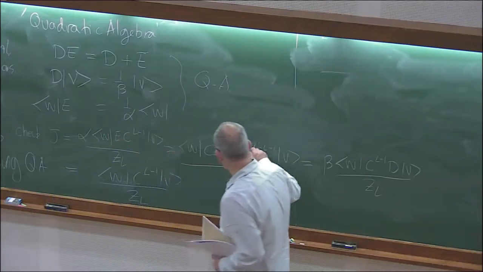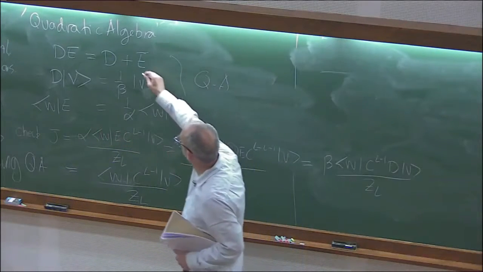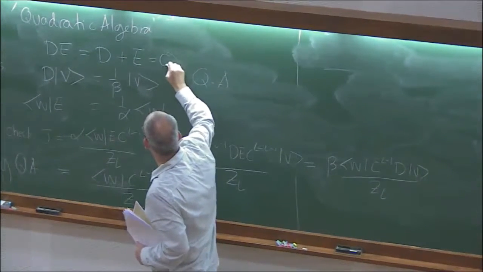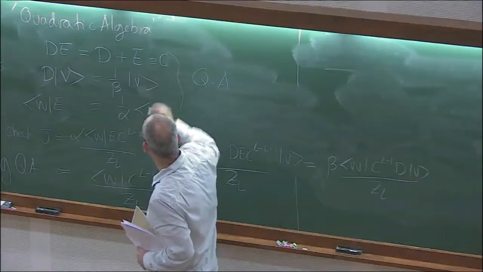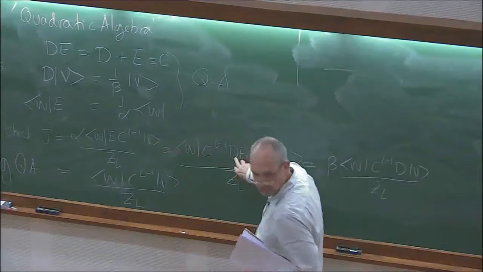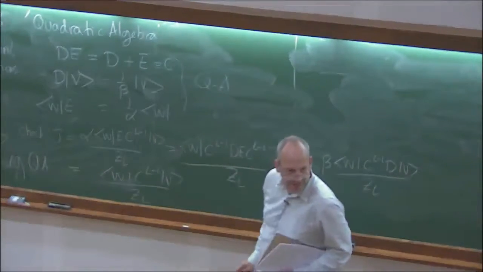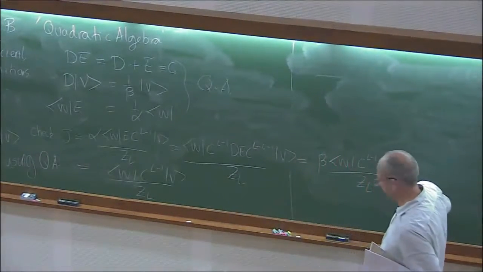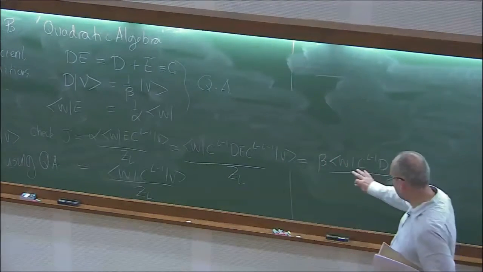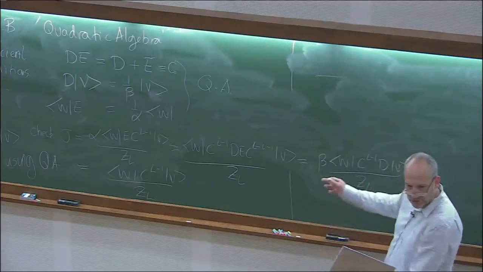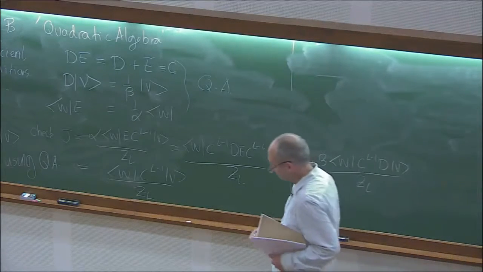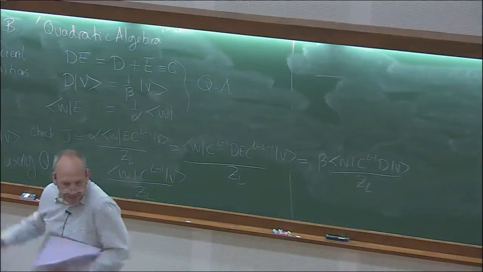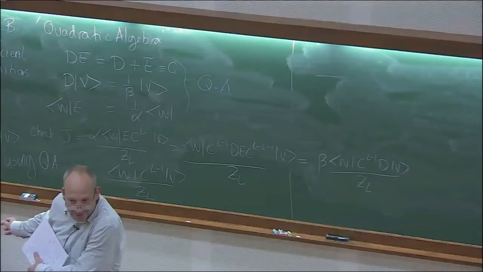Similarly here, DE is D plus E. And remember, D plus E is equal to, by definition, C. So this DE equals C, and you see I get C to the L again. And finally here, D acting on V gives me 1 over beta V, and again I get C to the L. So all these expressions are the same when these conditions hold. But that still doesn't prove it's right. It's sort of encouraging.